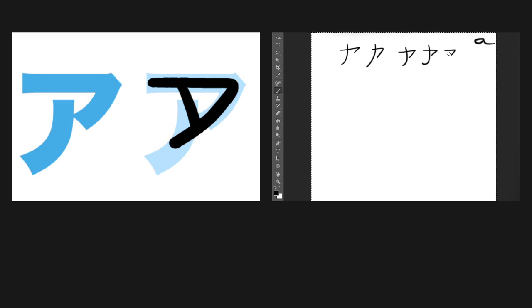Oh, and I'm actually doing it wrong. It does not cross through. Look at all these terrible mistakes. Yeah, there we go. It's like this, nice and angled.